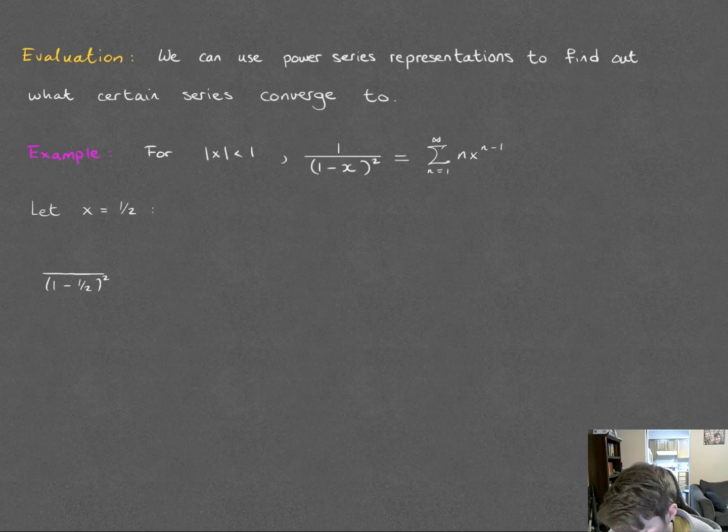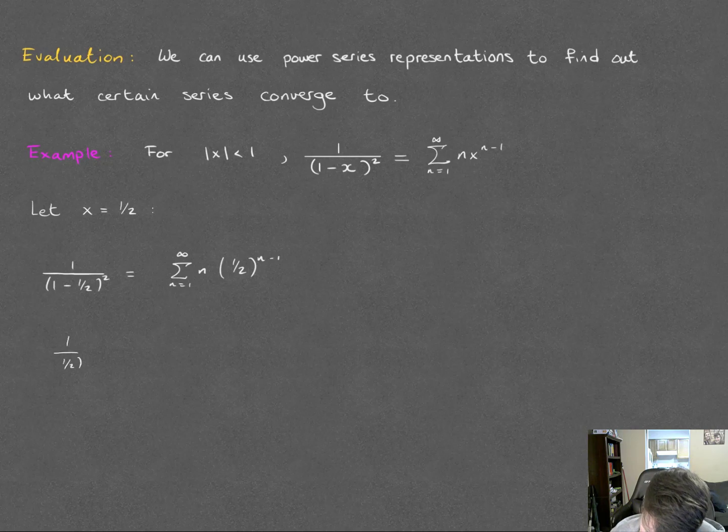1 divided by 1 minus a half squared is equal to, well, I fill in a half into this power series, so I get a half to the n minus 1. And now, if I do some algebra, 1 minus a half is a half, so 1 over a half squared is equal to the sum n equals 1 to infinity n times a half to the n minus 1.